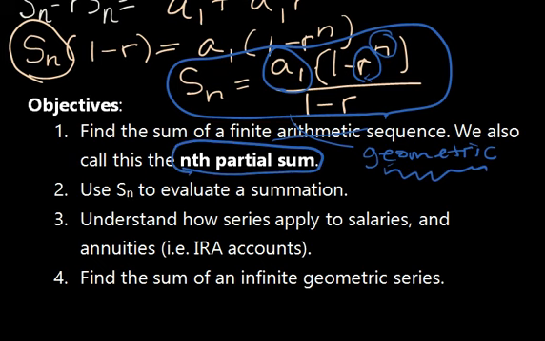We will use S sub n, as we just notated above, to evaluate a summation. This is my favorite part: we are going to understand how series apply to salaries and annuities. And we are lastly going to find the sum of an infinite geometric series.